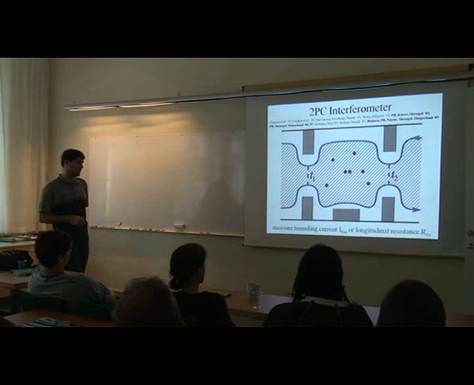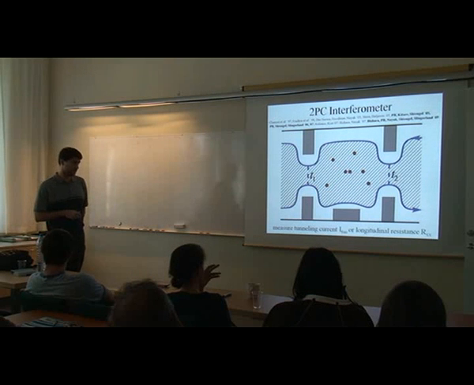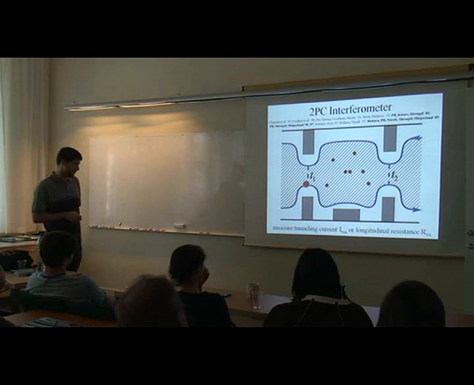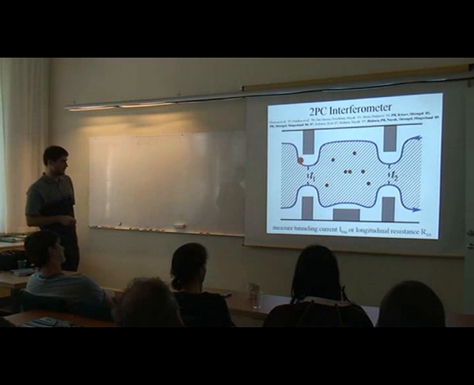And then you can measure the tunneling current and see what kind of signatures of the quantum Hall state you find in there. And in particular, you have the quasi-particles running along the edge, which will tunnel across the two ways in some hopefully coherent manner that does interference and then runs out.